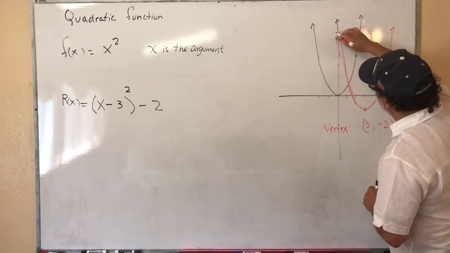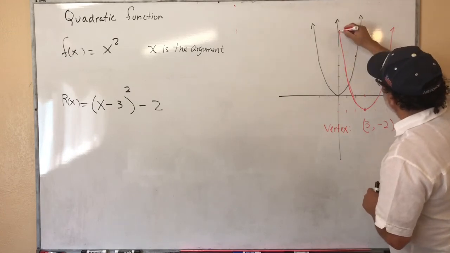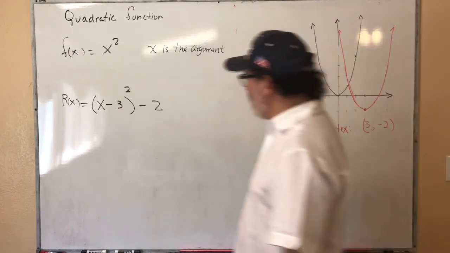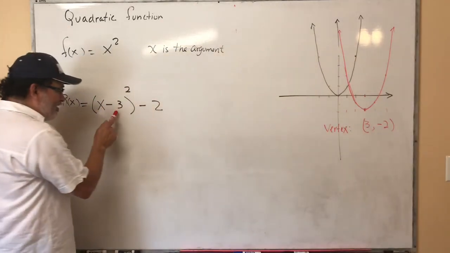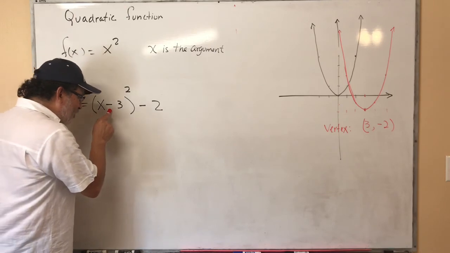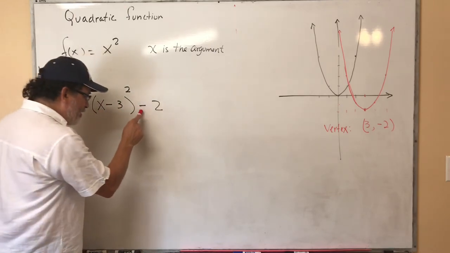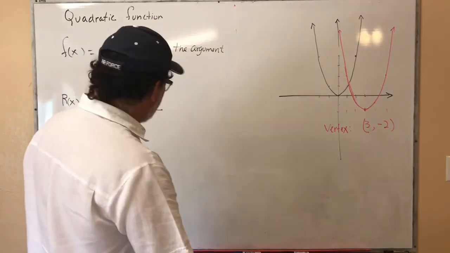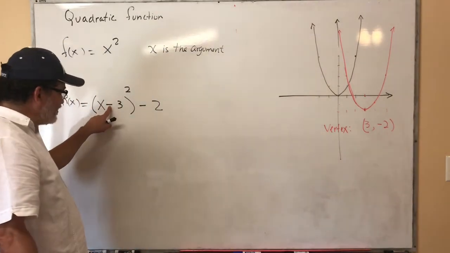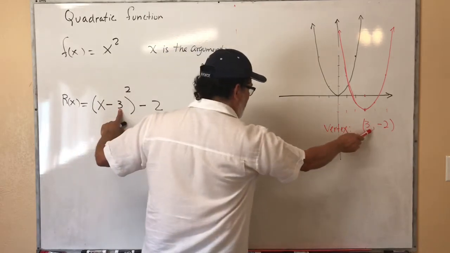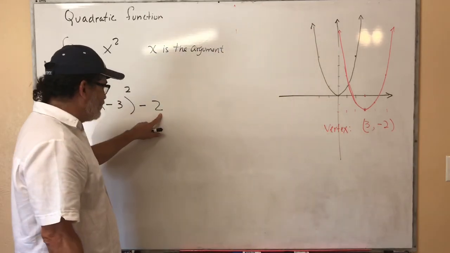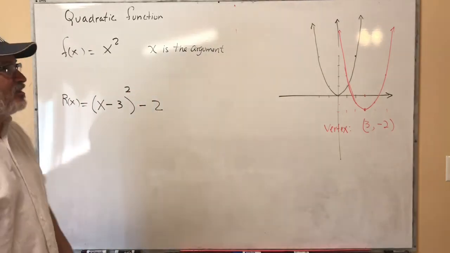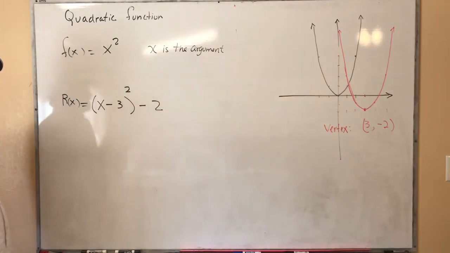There you go, that's better. So that's the new parabola. So therefore, the opposite of this, not the opposite of this, is the new vertex. That's why this is -3, I took 3. This is -2, I took -2. And that's the new vertex for this parabola.